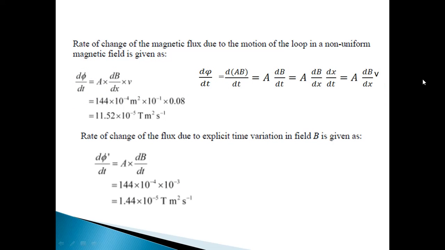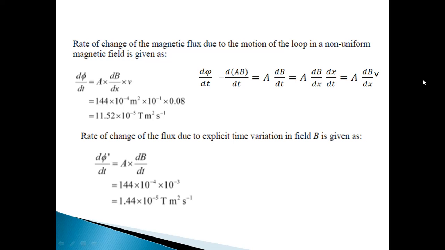So what is the rate of change of magnetic flux due to the motion of the loop in a non-uniform magnetic field? Now flux is denoted by phi. So if you look at the left side, you can see d phi by dt equal to A into dB by dx into V. Now how do we get that? That is shown on the right side. d phi by dt is d by dt of AB.